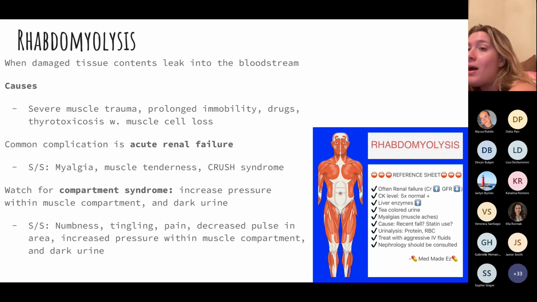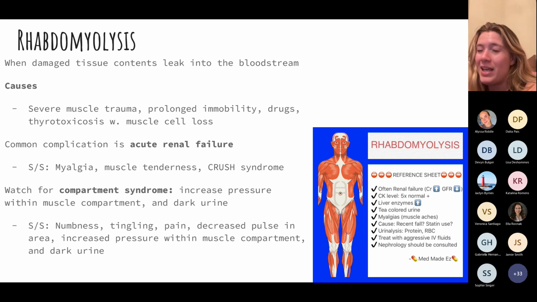What I'm really concerned about with rhabdomyolysis is compartment syndrome in that extremity. That's what happens when all this damaged tissue content leaks and increases pressure in that muscle compartment. Keep in mind, not everyone with compartment syndrome will have rhabdo, but it's very common for someone with rhabdo to then have compartment syndrome. So I would know that you need to assess for numbness, tingling, and pain.